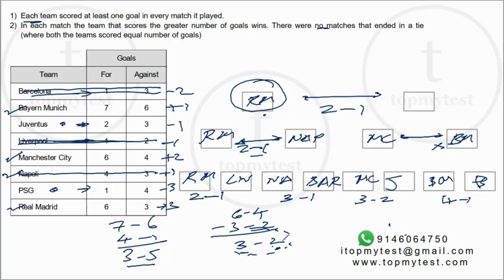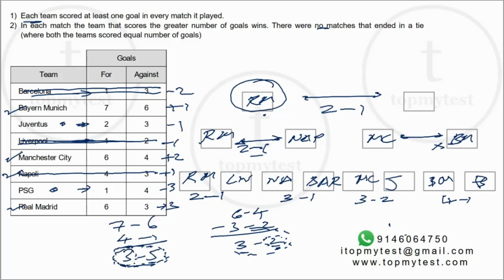If Manchester City wins, this should be the score for Bayern Munich in the semi-final. This is how it should have lost. It should have scored 3, conceded 5, because Bayern Munich cannot play any more matches. So this should be the final score. But if you have 3 and concede 5, there is no way that Manchester City's score will match up to this, because Manchester City has conceded only 2 more goals, whereas Bayern Munich scores 3 goals.